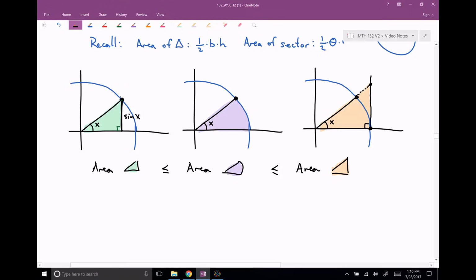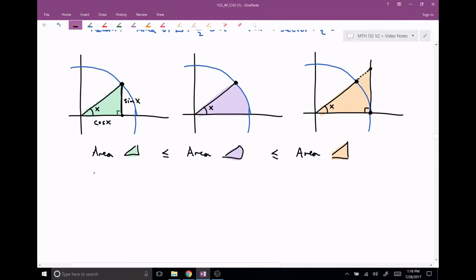So the height of this point is given by sine of the angle x. Likewise, the x value of this point, left and right, is going to be given by cosine of x. So the area of the first triangle is going to be 1/2 the base times the height.